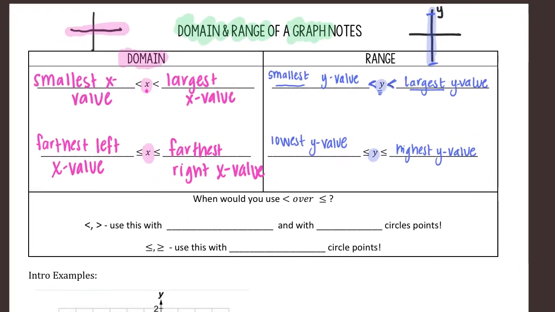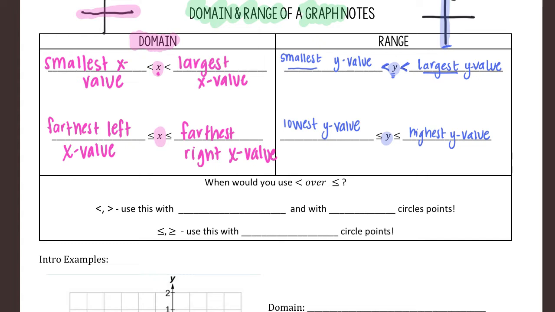Now, a couple tidbits before we get going any further. You'll notice that sometimes you might use the less than versus the less than or equal to sign. So zoom in on this versus this. You will use the less than or greater than sign if your graph is approaching infinity or negative infinity. We'll talk about that more later, but those are going to look like arrows on the end of your graph.